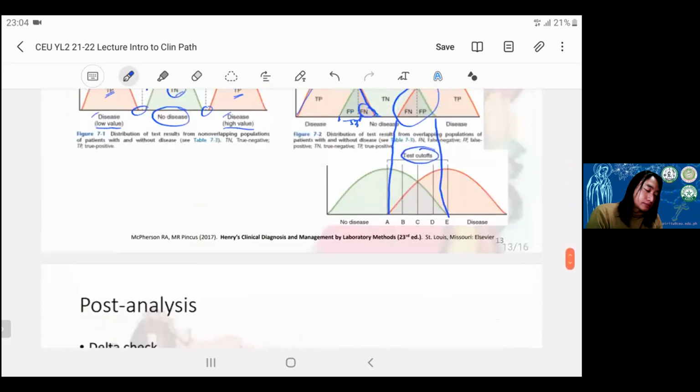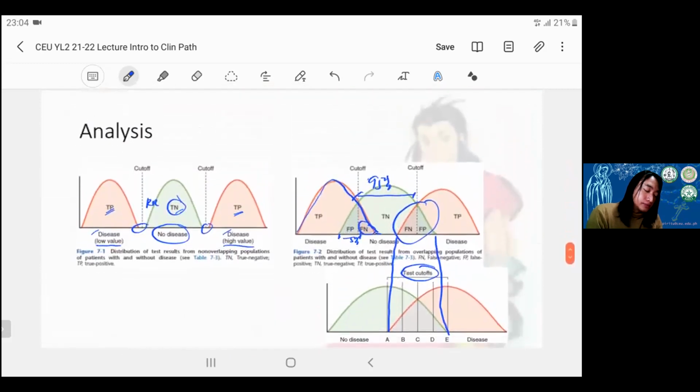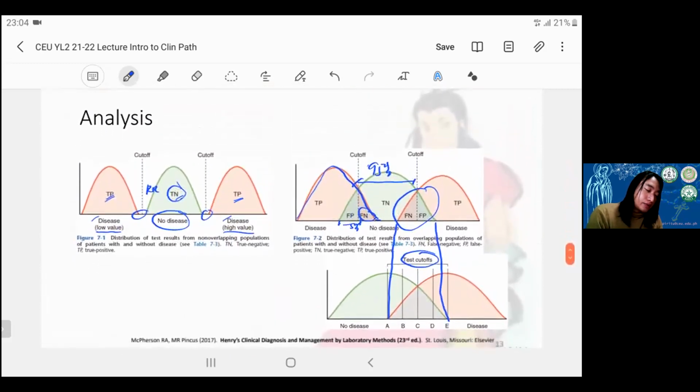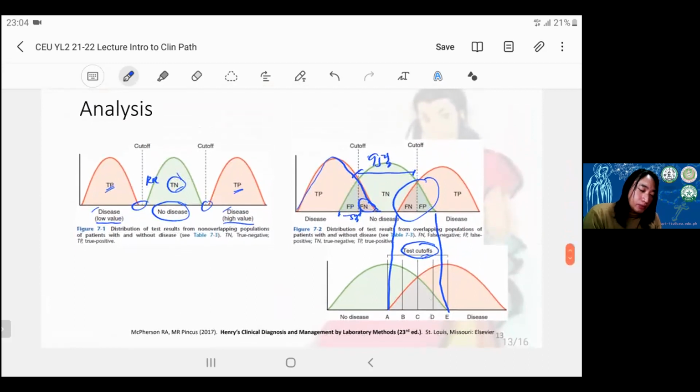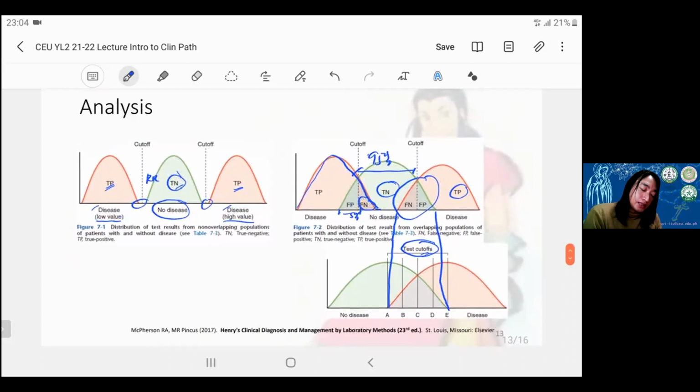So going back, now that you have a reference range, you now would assign cutoff values. So what values or measurement would be able to differentiate between the diseased and the non-diseased individuals? So this is where your sensitivity and specificity comes in.